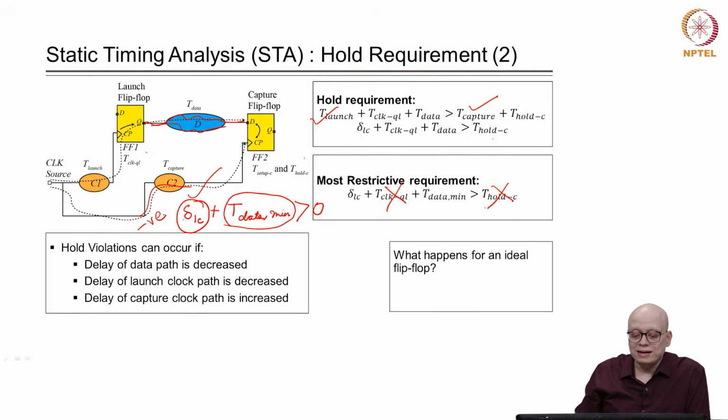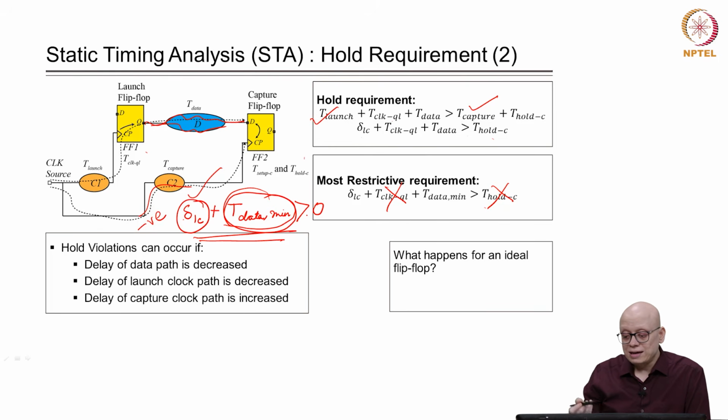And that is what we saw when we were looking at the double clocking scenario. We made a situation in which the clock skew was negative, and as a result, this constraint was violated, and we assumed that this is negligible, and that is why it was violated in our case.